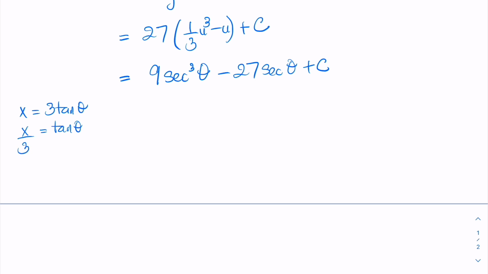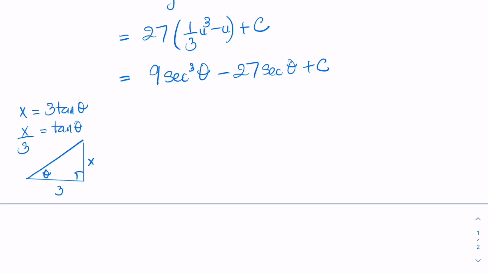And don't forget tangent is opposite over adjacent. So let's draw the triangle, the right triangle. So we have opposite over adjacent.